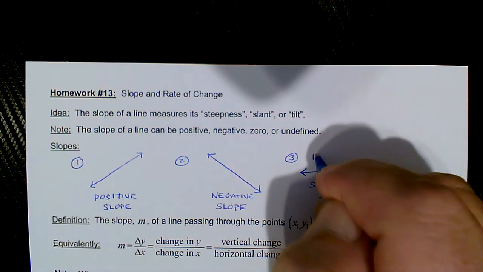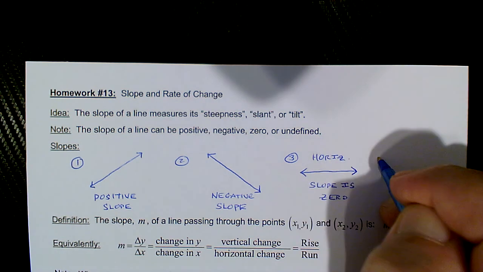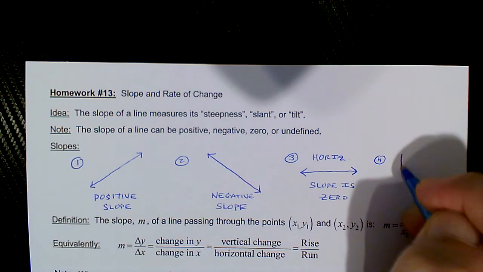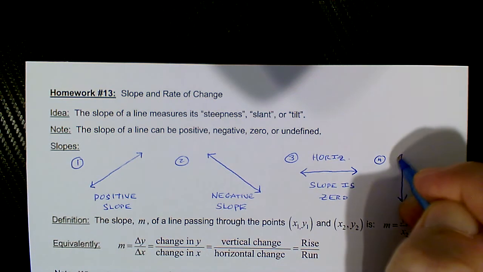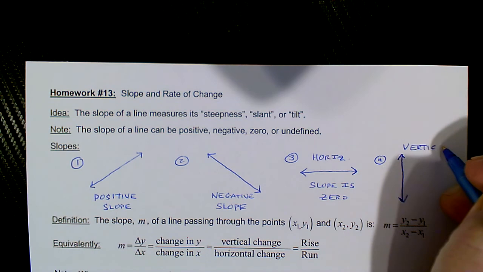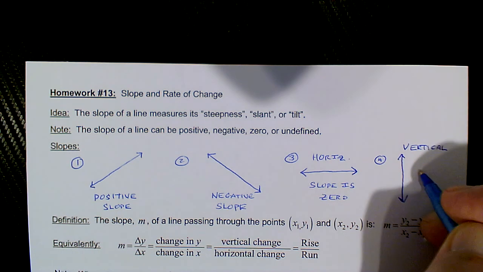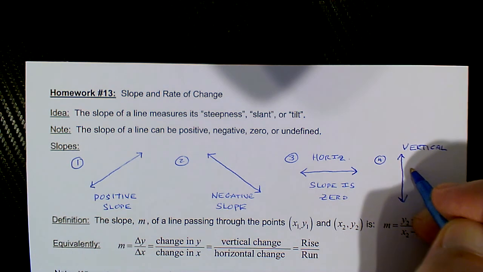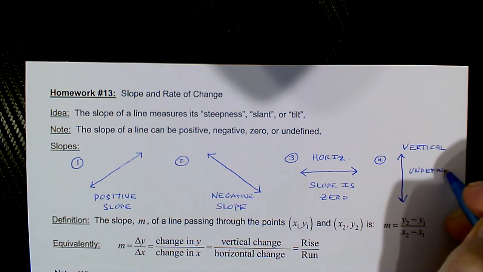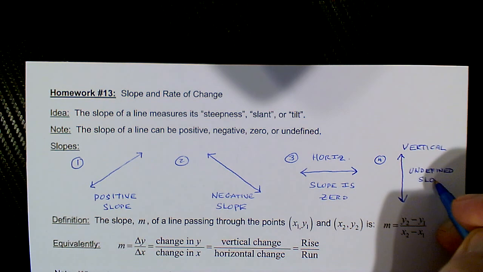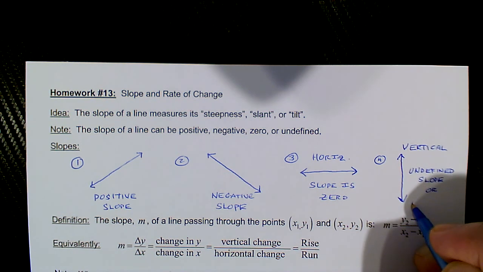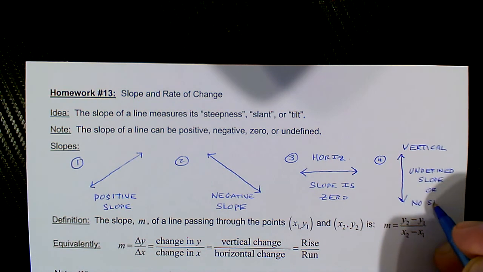We have the vertical line, where the slope is, we say, either undefined or we could also say that there is no slope. Okay, so those are the four different situations we can encounter.